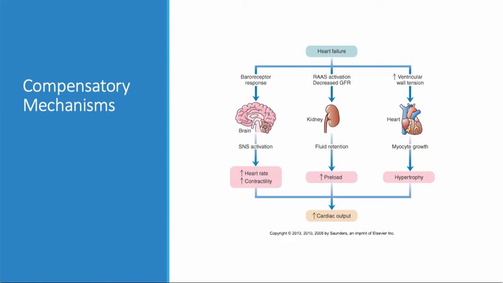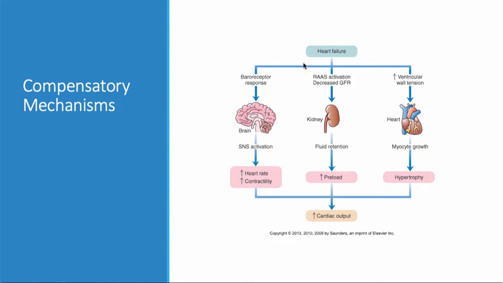So the compensatory mechanisms that your body has are what we've already mentioned. We have the sympathetic nervous system, which increases the heart rate and the contractility, right? It's easy to increase the heart rate, so that's kind of the way that the heart functions primarily. When you have heart failure, your heart rate increases, which uses more oxygen, which makes your heart failure worse, which makes you use more oxygen. It's a never-ending cycle.